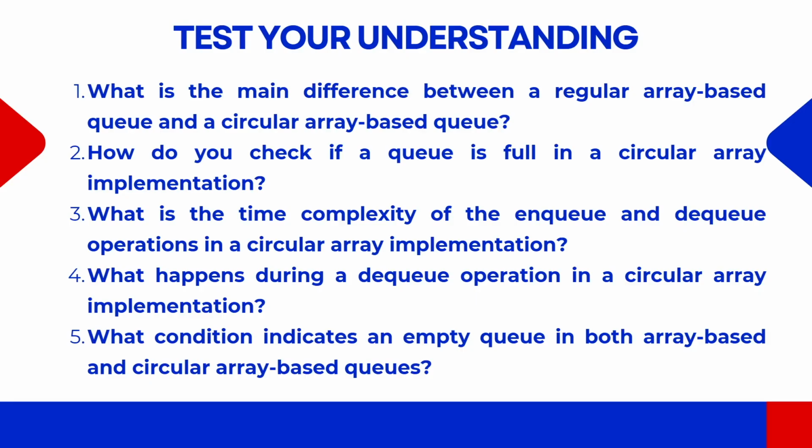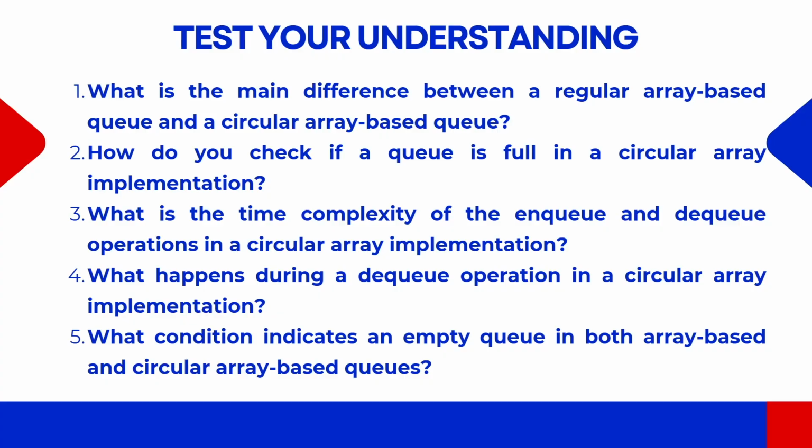And how do you check if a queue is full in a circular array implementation? It is very straightforward. Here we check whether rear plus 1 mod capacity is equivalent to front. If so, we say that the queue is full. And if you want to add more elements even after the queue is full, then we may have to expand the queue size.